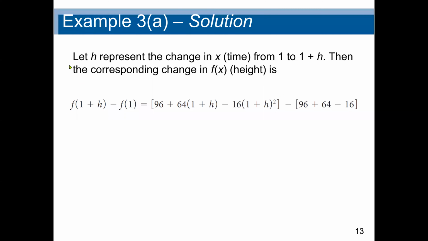Second, we're going to look for f at s plus h. Remember, the average rate of change will be f at b minus f at a. F at b is 1 plus h because from a to b. So we have 1 plus h, so it's b minus 1. So it's the same concept here.